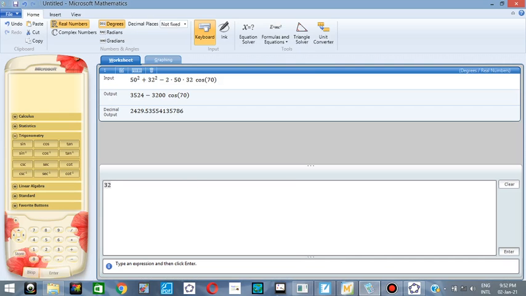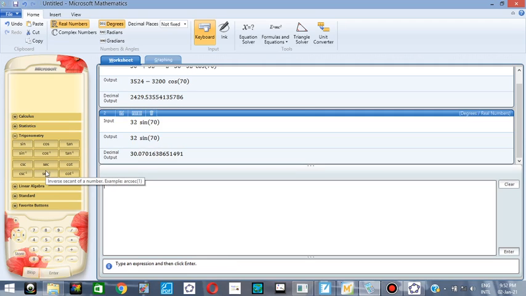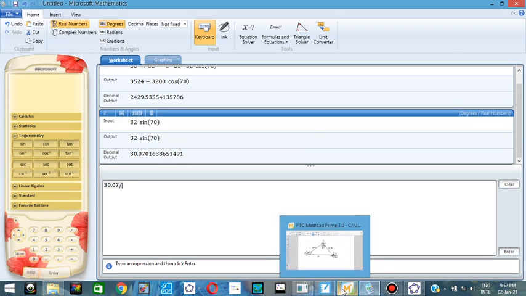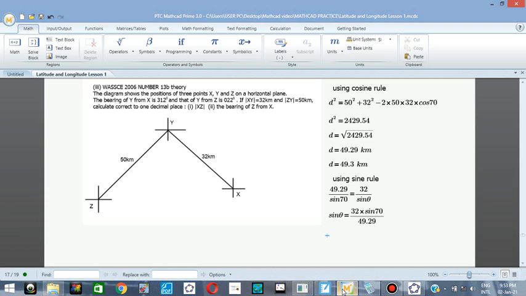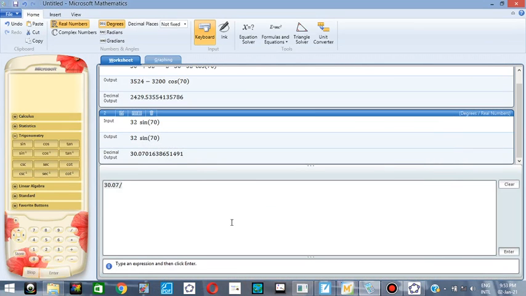So 32 times sine 70, that is 30.07. So I'm going to divide 30.07 by 49.29.